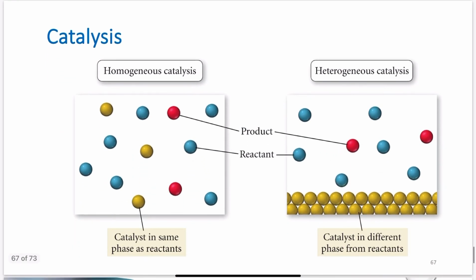You can have homogeneous and heterogeneous catalysts as well. Homogeneous are just catalysts that are in the same phase as the reactants. So, all liquid phase, all gas phase, whatever you're looking at. Or you can have heterogeneous. Heterogeneous is in a different phase from the reactants. So, for example, here we have a catalyst. The catalyst is a solid phase, and the reactants and products would be in a gas or an aqueous phase.